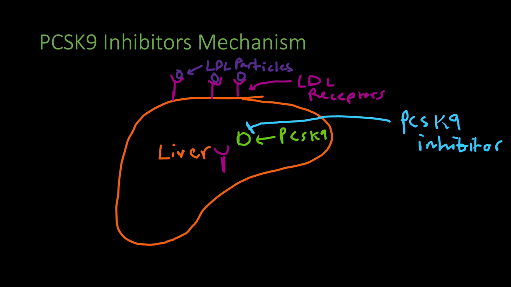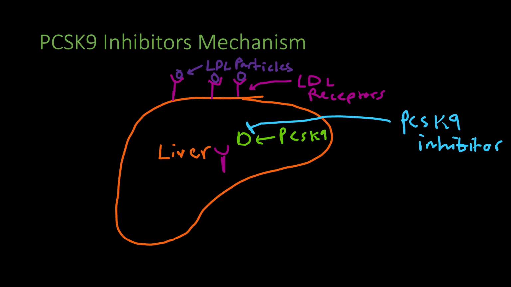When the PCSK9 binds to the LDL receptor, it is targeted for degradation, destroyed, and recycled. Normally, these receptors, when they're made in the liver, get recycled. But in this case, this protein is destroying the receptor responsible for taking in all these LDL particles.